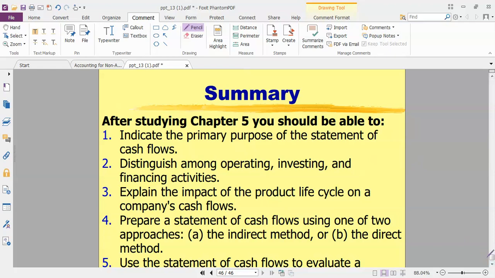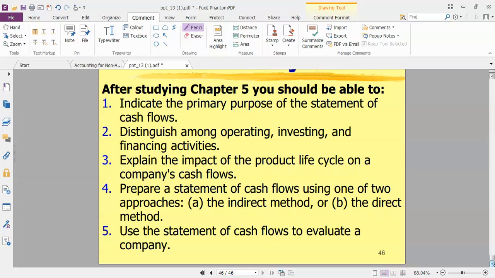And then we already discussed how to prepare a statement of cash flows using one of 2 approaches, the indirect and direct method. And last, we use the statement of cash flow to evaluate a company using the ratio. So that completes our chapter 5, chapter 4 actually, right? In our syllabus it is chapter 4.